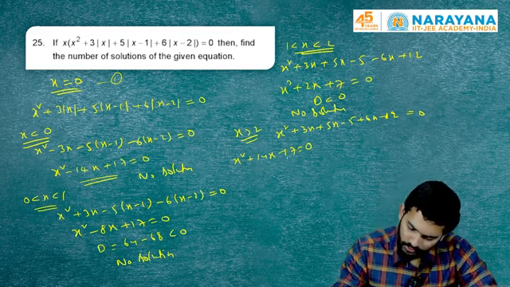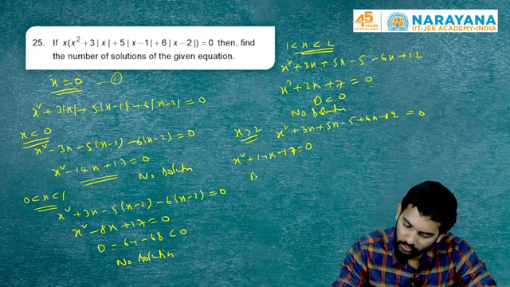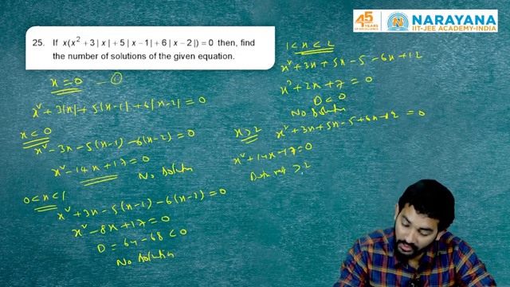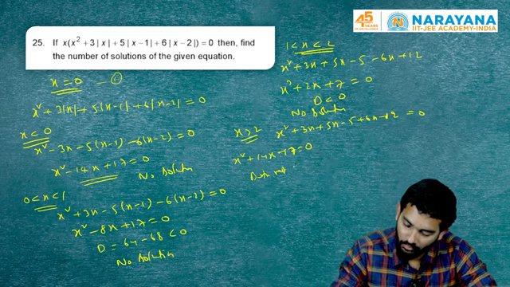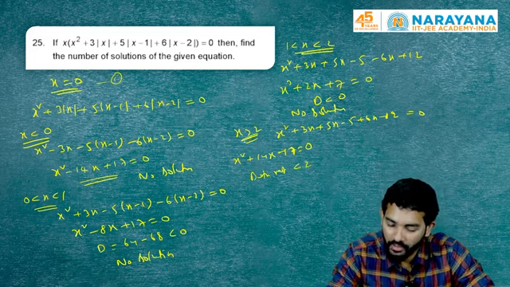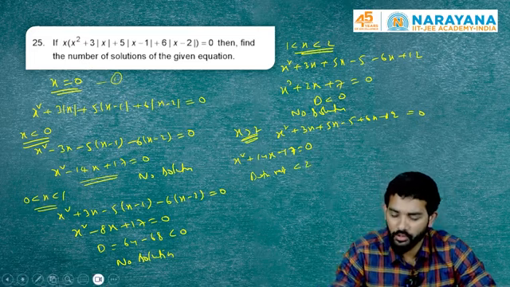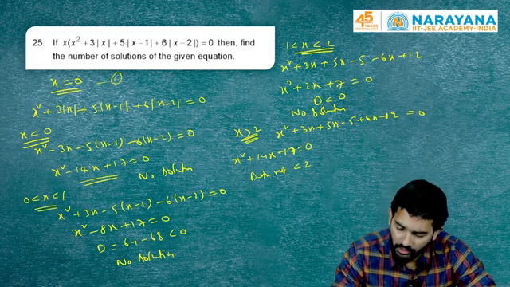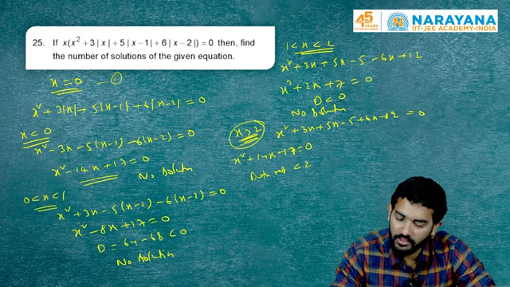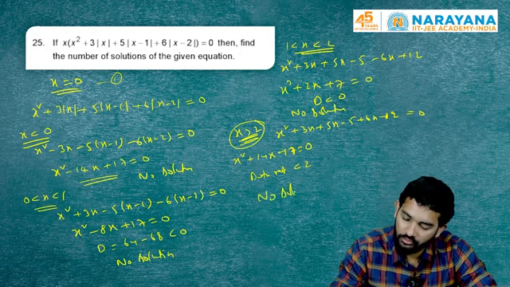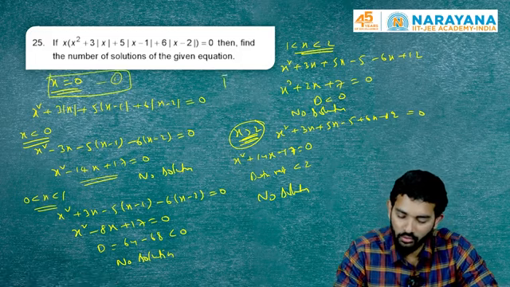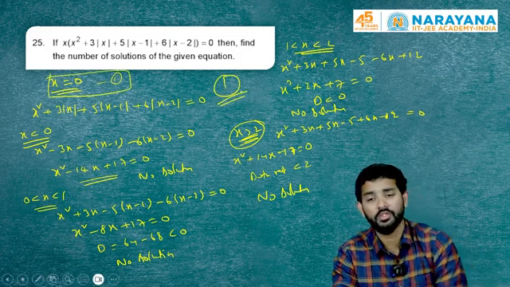Now here if you observe, if you find the roots, you will get both the roots less than 2, but we have taken the case x greater than 2. Okay, if you find the roots and if you approximate them, or if you use location of roots, you will get both the roots as less than 2, but the case we have taken is x greater than 2. So here also no solution, which means the only solution we got is x equal to 0. So only one solution is there for it. Number of solutions will be 1.